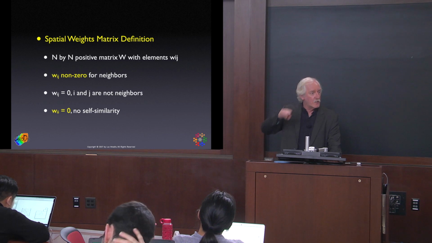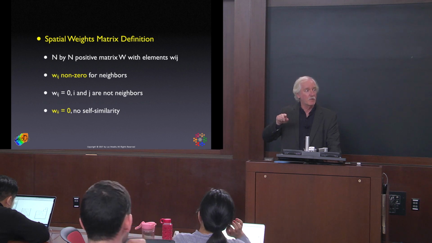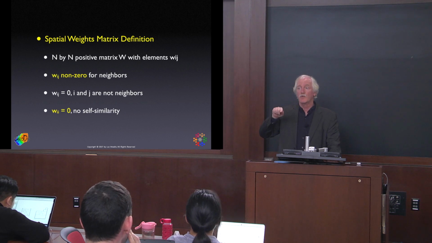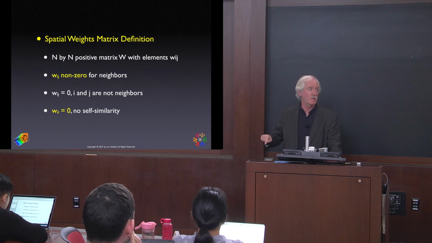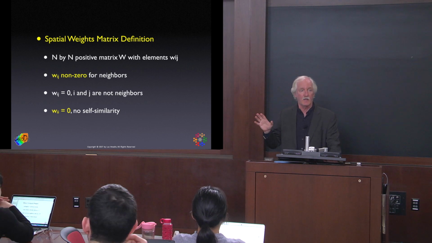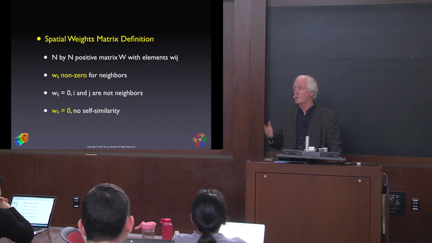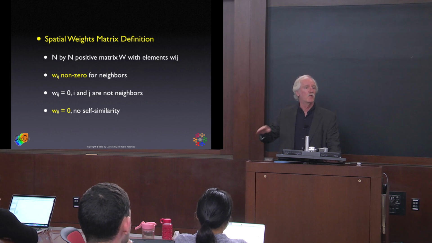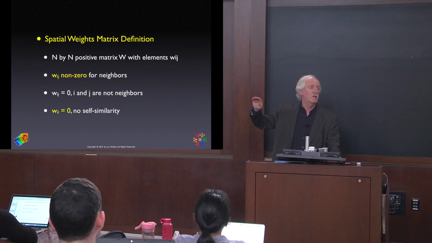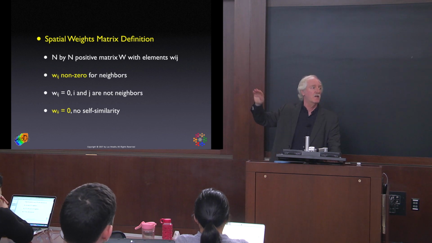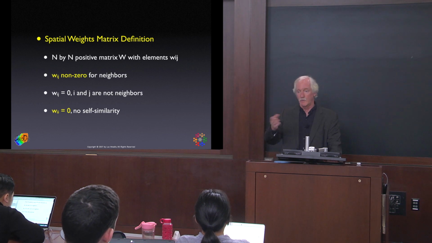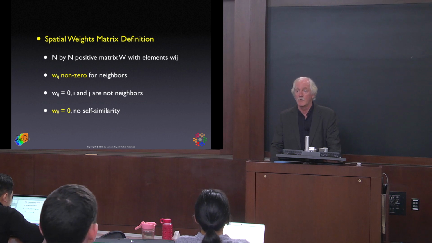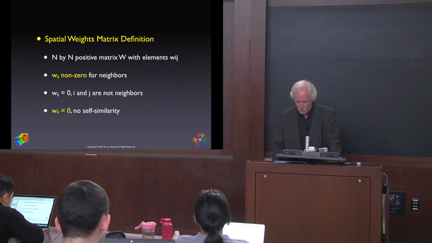If you have a bunch of 1s on the diagonal, self-neighbors, then that trace will increase with the size of the data set. And that's not a good thing. We'll see later more formally when you do asymptotics and those kinds of things. You want things to go to 0 as n goes to infinity. You don't want things to go to infinity when n goes to infinity, which would be the case with the trace when you have 1s. So that's just a technical thing.